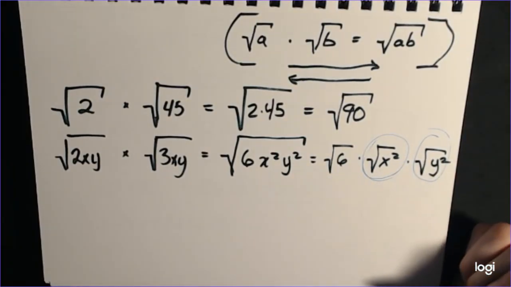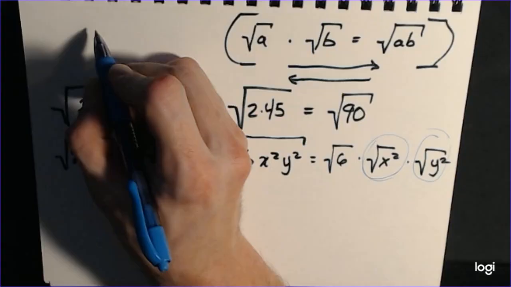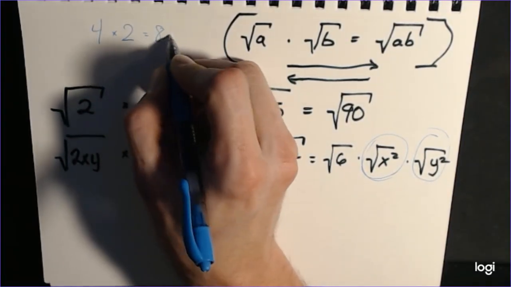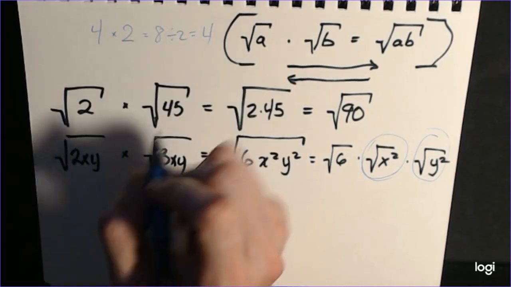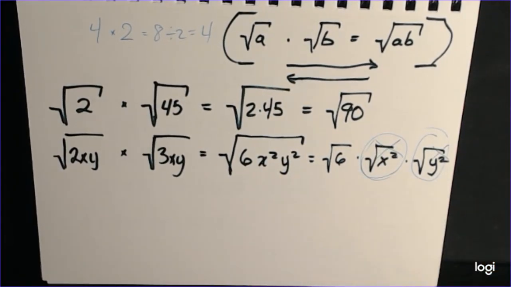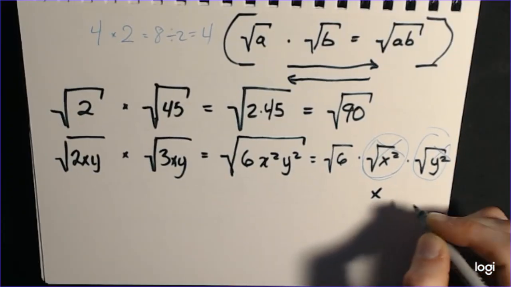So they cancel each other out. Just like if I had to take 4 and I multiplied it by 2, we get 8. But then I divide by 2, we're right back to 4. So both of these cancel out, and we're just left with x and y.